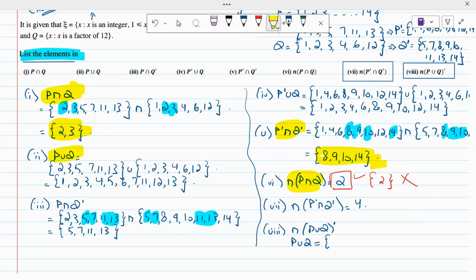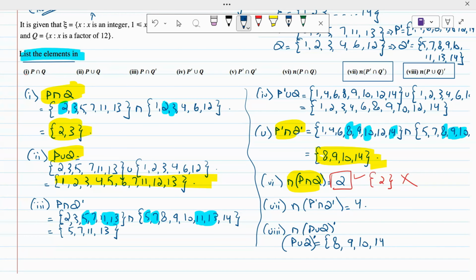So P union Q is 1, 2, 3, 4, 5, and so on. If its complement is to be found, complement means all the elements other than P union Q. So all the elements other than P union Q, since 1, 2, 3, 4, 5, 6, 7 are already there, the complement would have 8, 9, 10, 11, 12, and 13 are there.